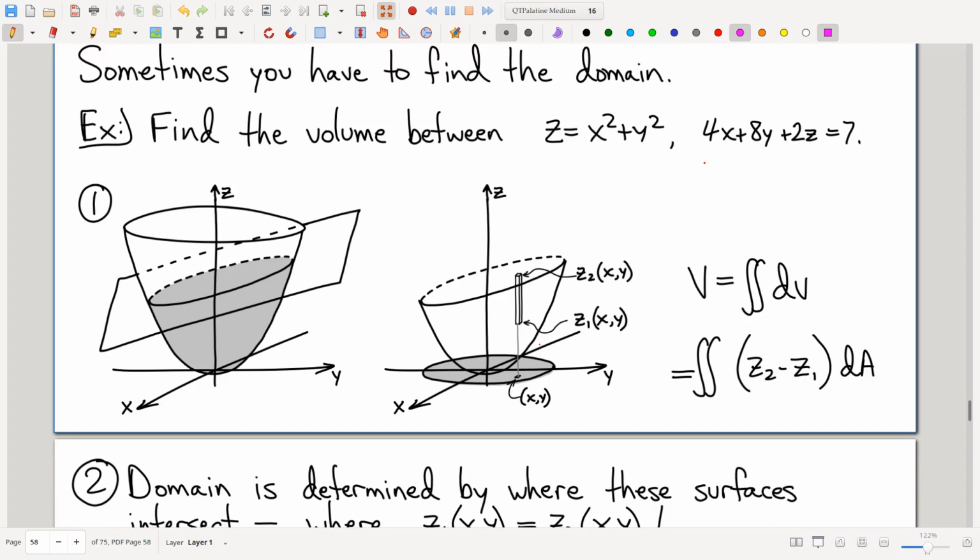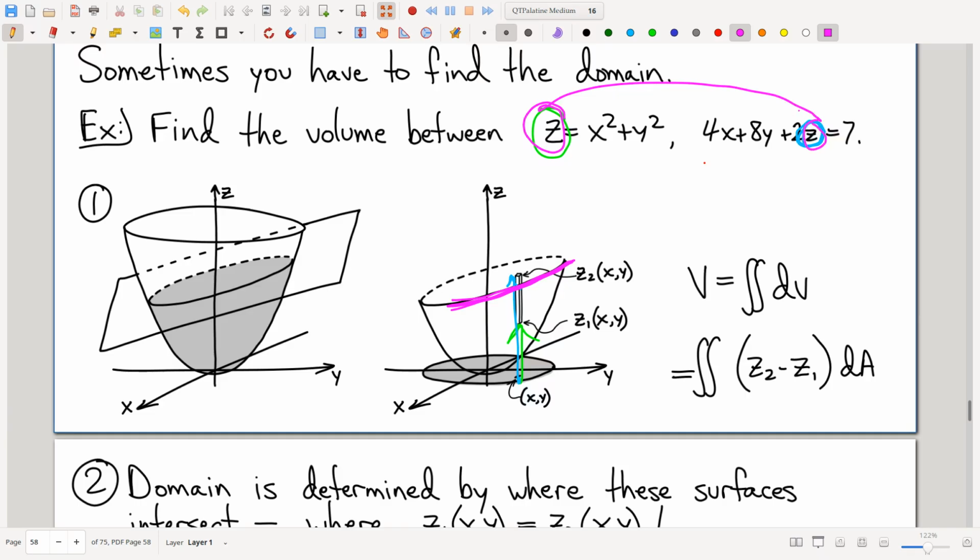You're looking for points where the height up to the paraboloid and the height up to the plane are equal. Here's the height up to the paraboloid, and here is the height up to the plane. When you want to find the points where those two heights are equal, you want to set that z equal to that z.